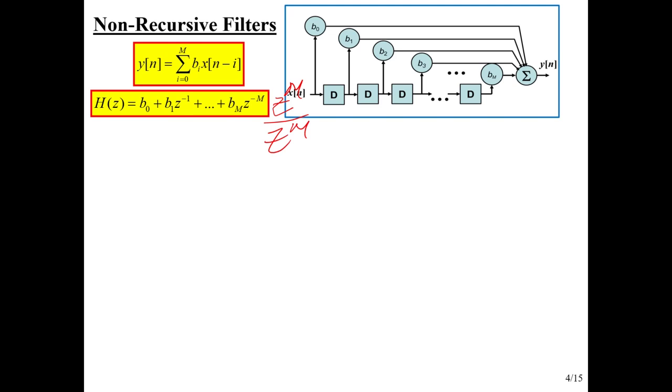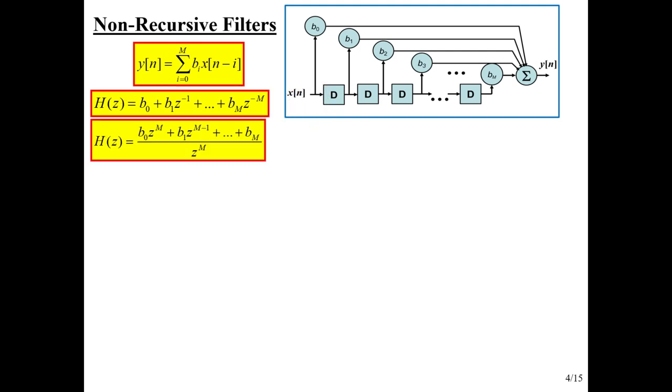I haven't done anything because that's effectively 1, but when I pass this through here, I will clear all the negative exponents on z. And so now I get something that looks like this, all positive exponents on z, and there's that z to the m that I had to put underneath the z to the m that I multiplied in the top to keep everything the same. So now from there we can see, well, I'll show you in just a minute.